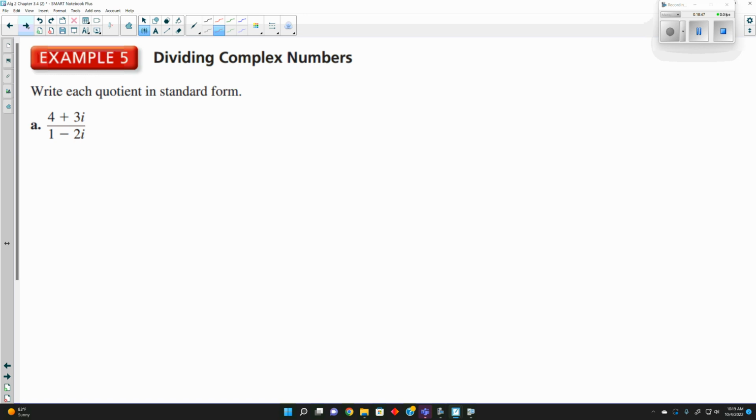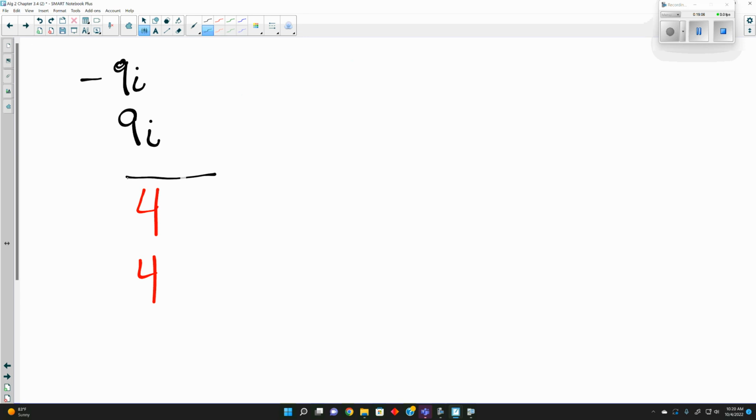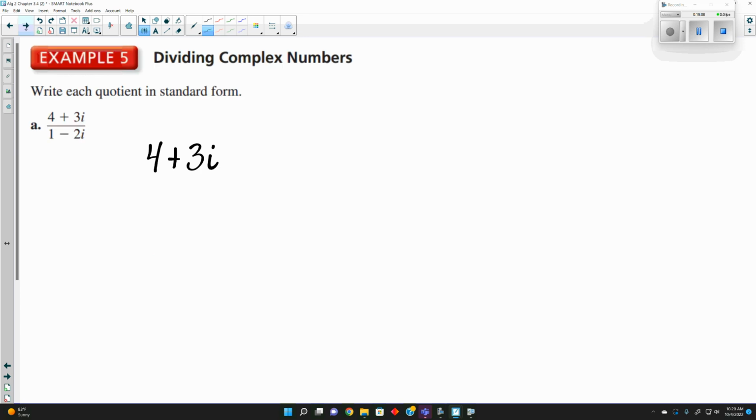So the next thing is this here. Now the issue we have with this is that we can't have i in the bottom of a fraction. So what we need to do is simplify it. The way that we can simplify this is with these complex conjugates.